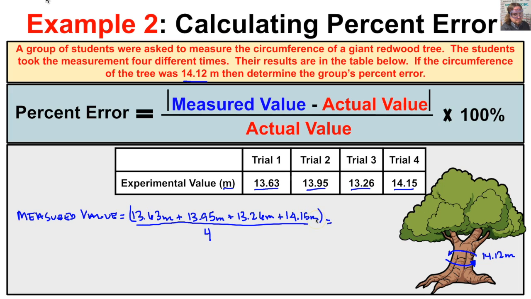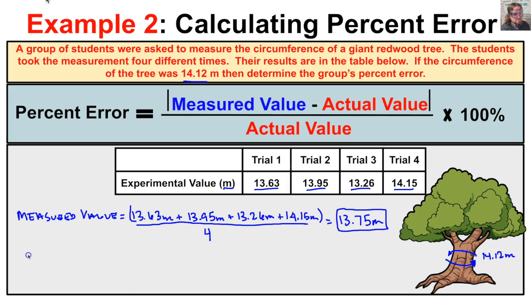When we put this in our calculator, we take 13.63 plus 13.95 plus 13.26 plus 14.15, and divide by 4. We end up with 13.75 meters. So here is our average measured value for these 4 trials.